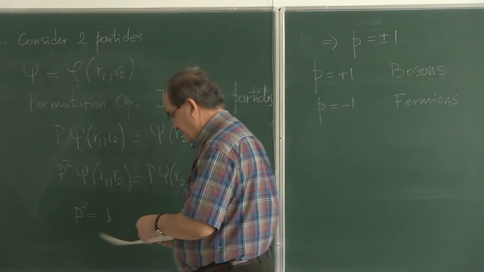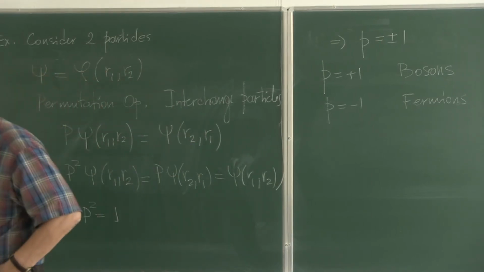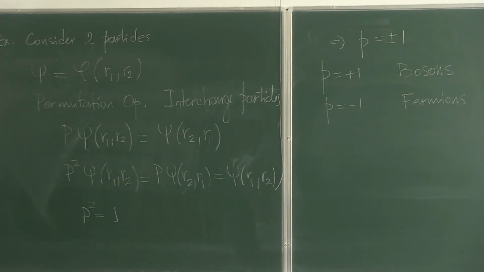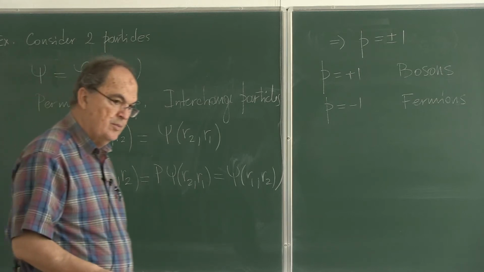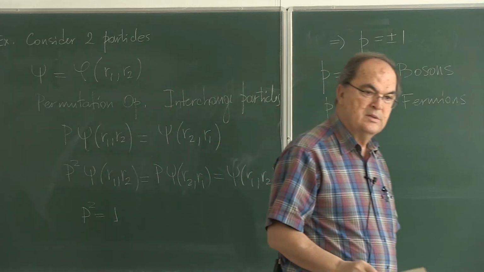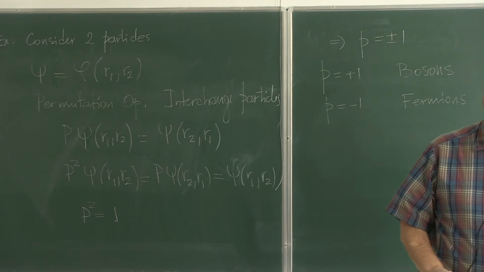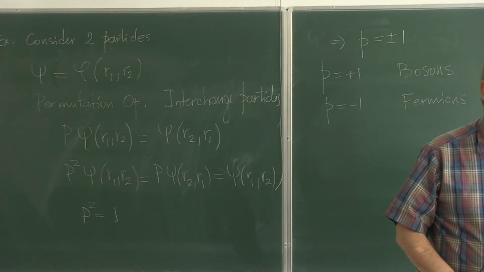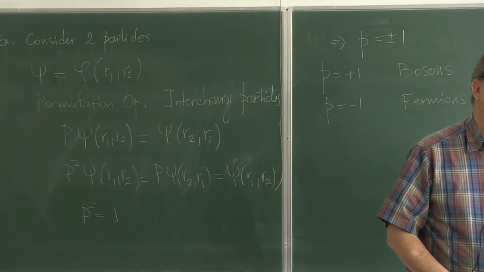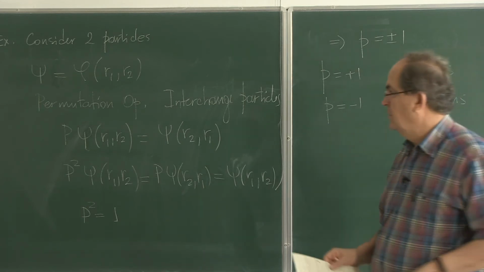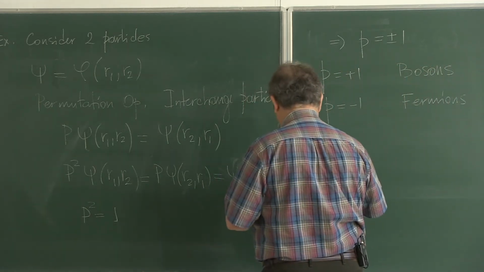Well, why is this? Because fermions have a property where they cannot double occupy a state. You cannot put two fermions into the same state, isn't it? Exclusion principle. So let's check that.